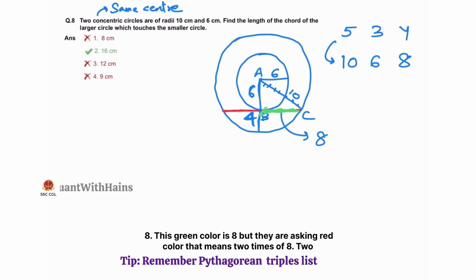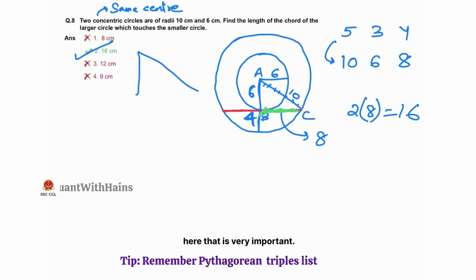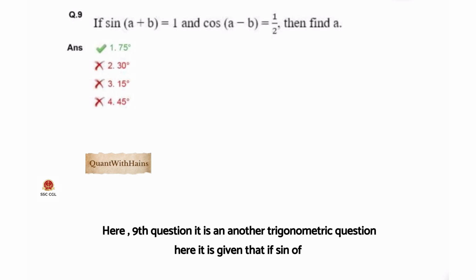But they are asking for the red color. That means 2 times 8. 2 times 8 is 16. That is option 2. You need to remember right angle triangle triplets here. That is very important. Here the 9th question is another trigonometric question.